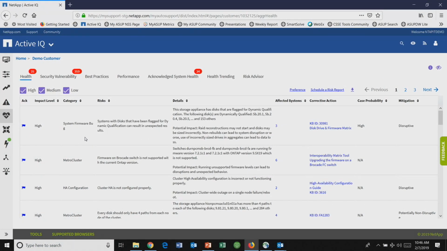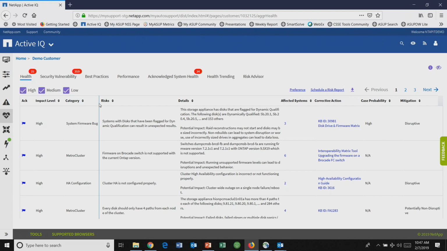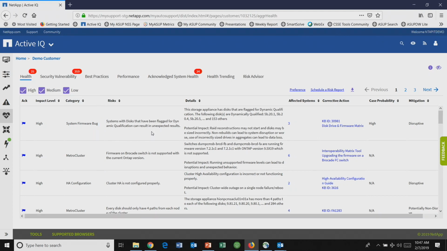And as you can notice here, the risk that was triggered was around system firmware. So he can now see the system firmware bug. He can also see a little bit of details around what this risk is about. And not only that, he's able to see which are the affected systems.